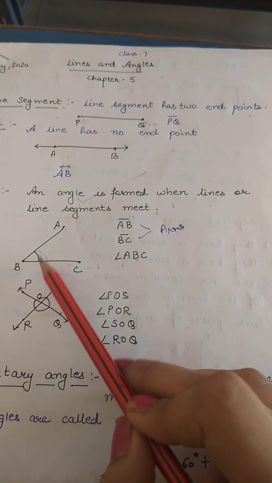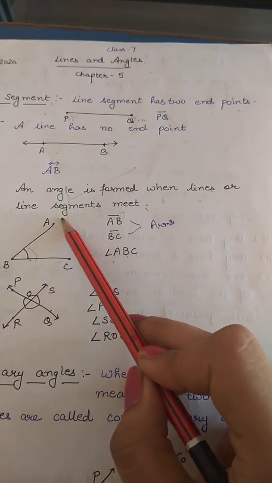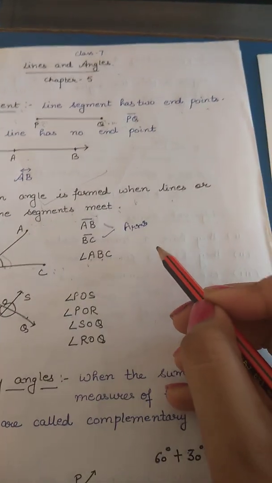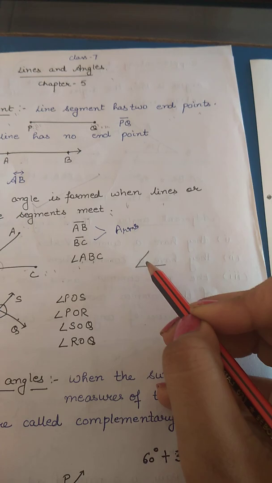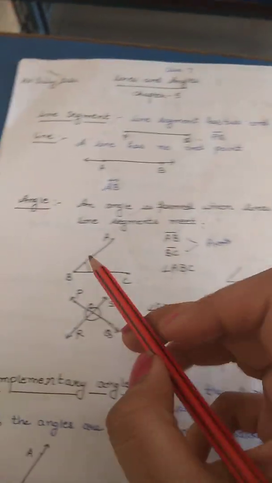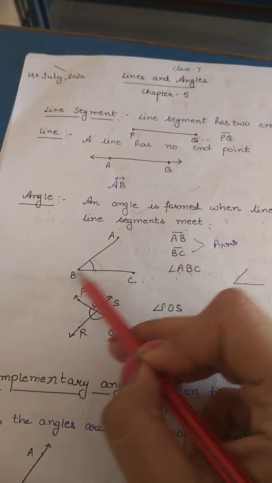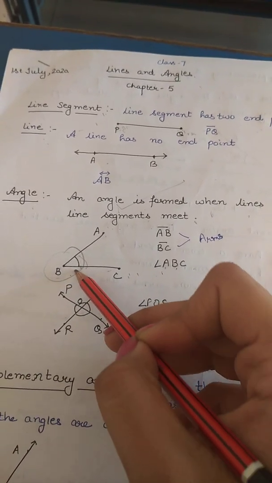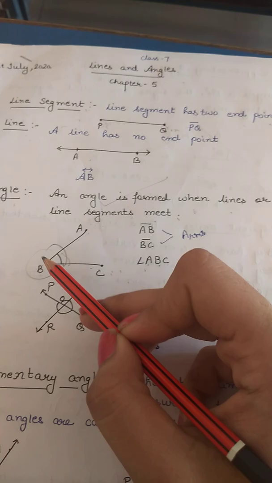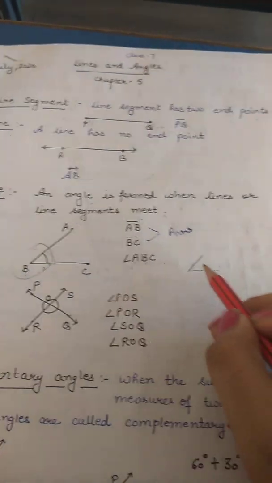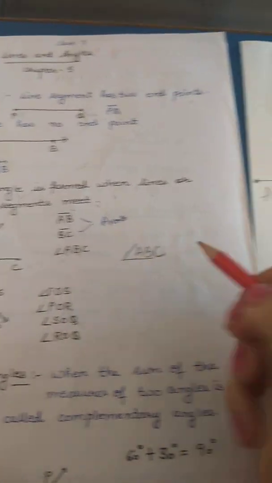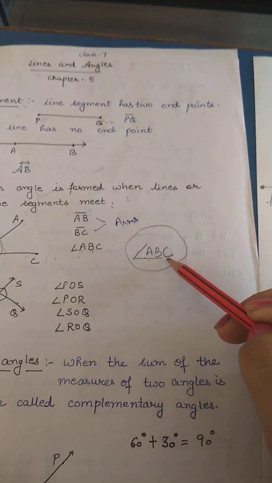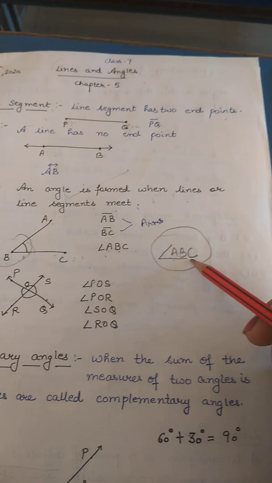You can write this angle as ABC. See, I have written ABC and this is the symbol of an angle. And if you want to find this angle, angle B, you can write angle B as ABC. So this is your simple definition of angle.